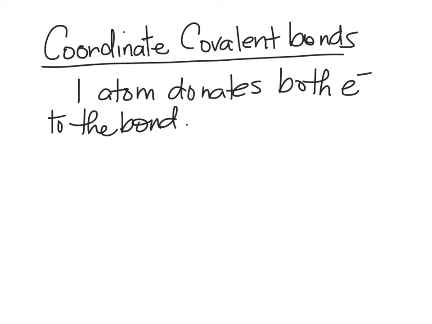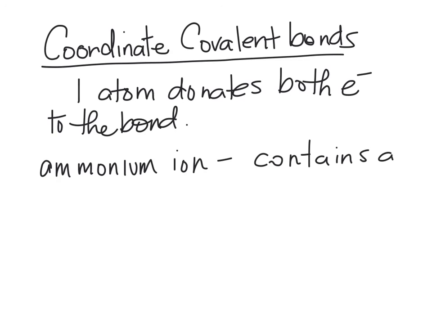So it must have a lone pair. There's two in particular that you will know this year. One of them is the ammonium ion. So the ammonium ion contains a coordinate covalent bond, so does the hydronium ion. All right, ammonium.